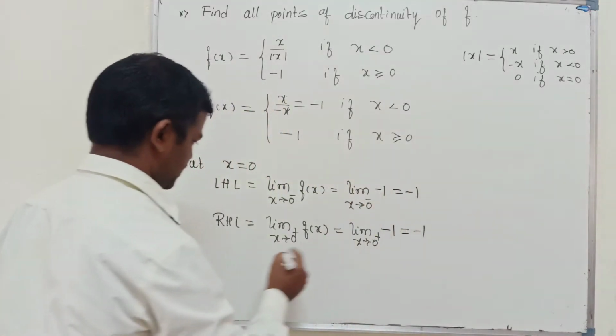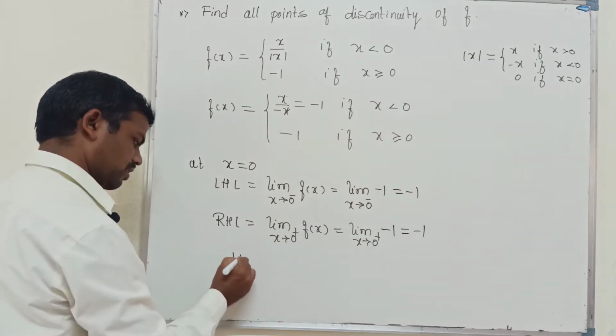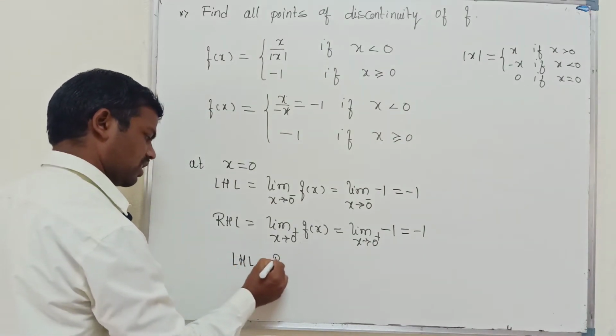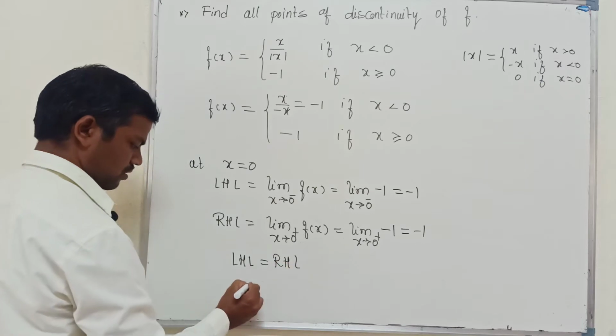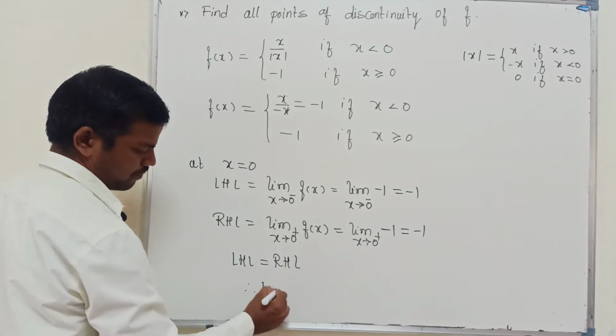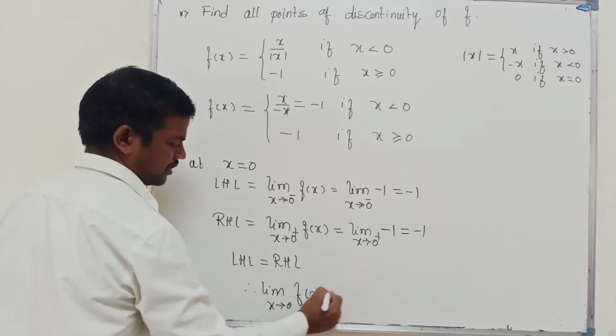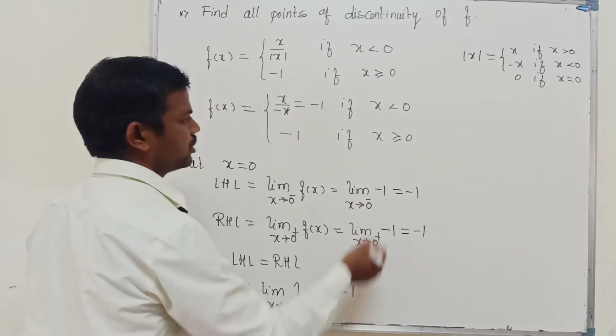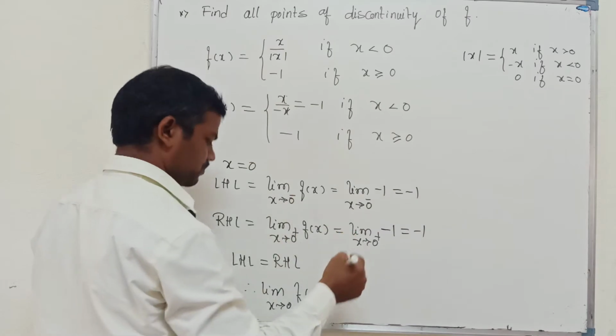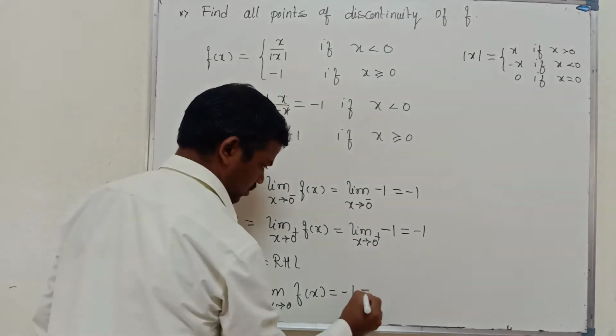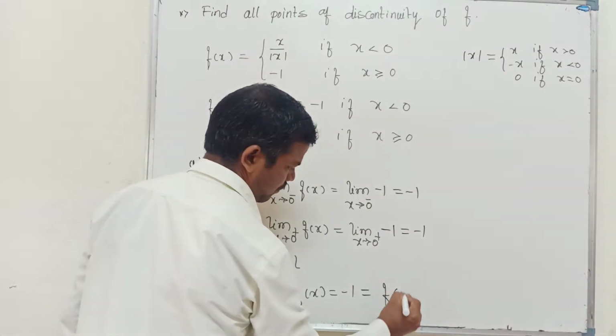So both RHL and LHL are equal. Therefore the limit as x tends to 0 of f of x is equal to minus 1, which is equal to the value of the function f of 0.